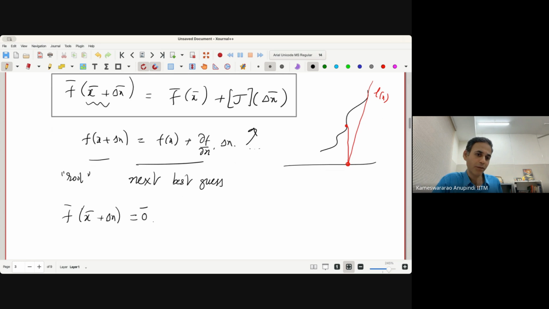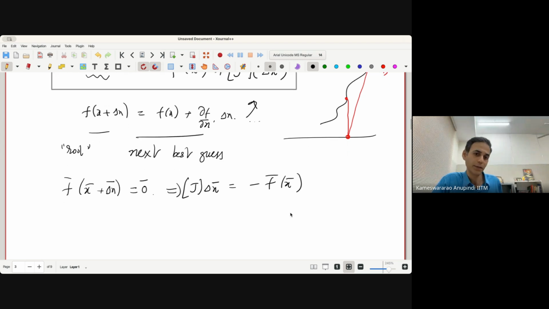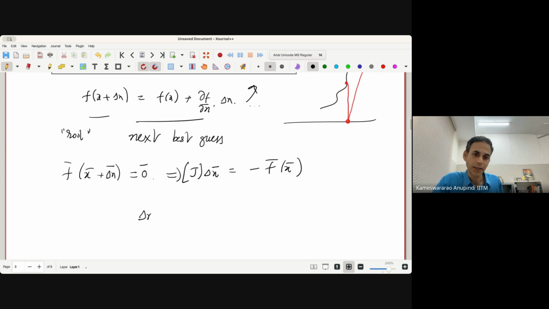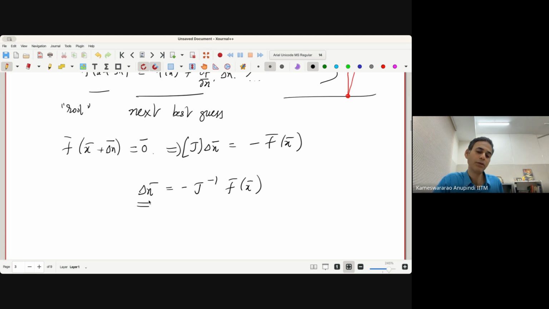That means my f bar of x bar plus delta x bar equal to 0 bar, which basically means that from here, f bar of x bar plus J times delta x bar equals 0, so J times delta x bar equals minus f bar of x bar, right? That means my delta x bar equals minus J inverse times f bar of x bar, right? So this is the delta x bar, which is the change in the value of these vector quantities.